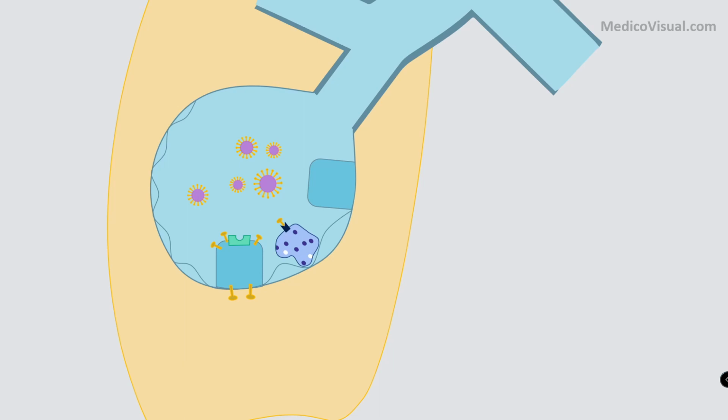They will release some special chemical messengers called interleukins and other cytokines, and with the release of these interleukins and cytokines, they will recruit other white blood cells at the site of this infection, right?